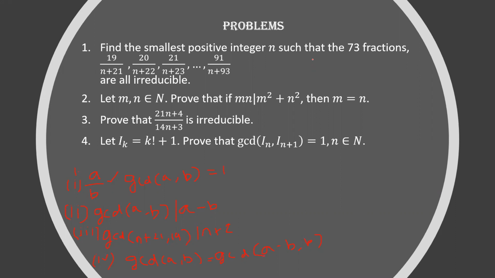GCD of A comma B is equal to GCD of A minus B comma B. Can somebody prove this? Does somebody want to prove this? Does anyone have any idea on how to prove this? Any idea? That GCD of A comma B is equal to GCD of A minus B comma B. It is really simple.